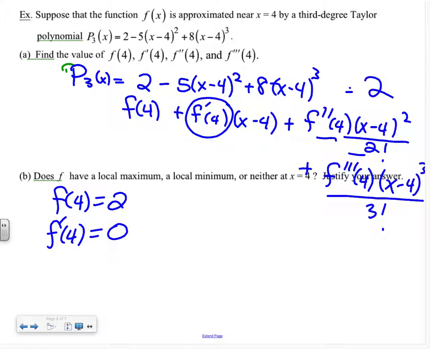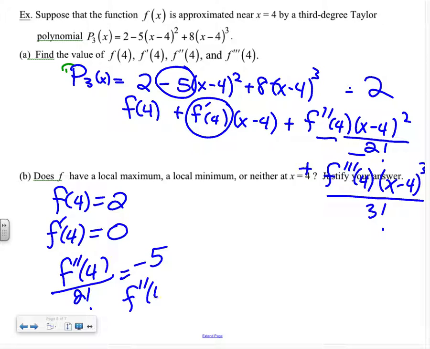So f double prime of 4 divided by 2 factorial is whatever the constant is, this would be -5. So I'm going to solve for f double prime. You multiply by 2 factorial, which is 2. So 5 times 2 is 10, and f double prime of 4 is -10.